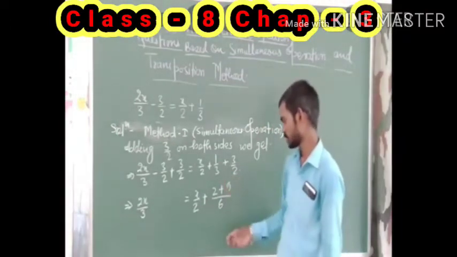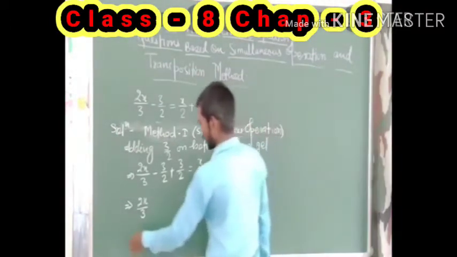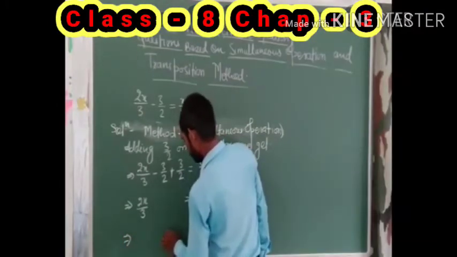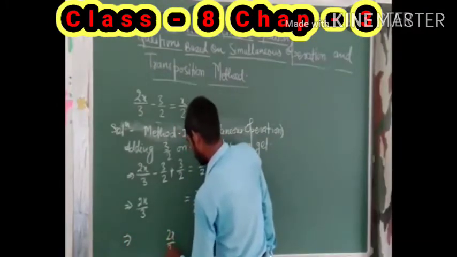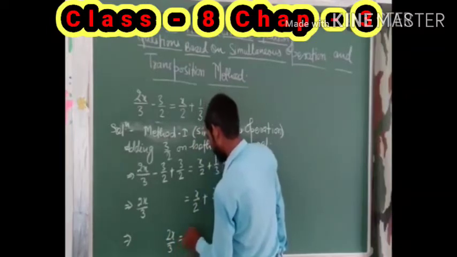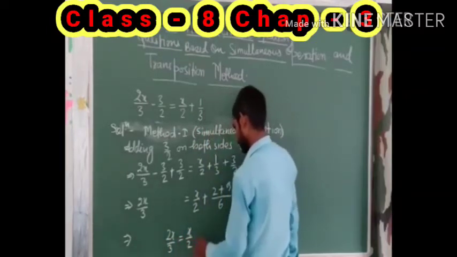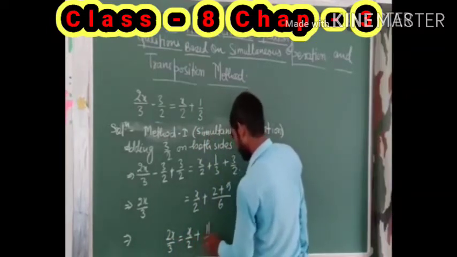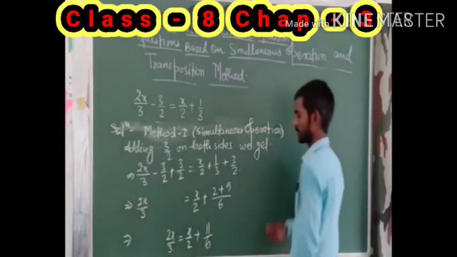This is the simple fraction. We get 2x upon 3 is equal to x upon 2 plus 11 upon 6.